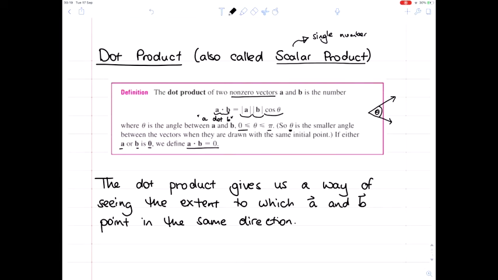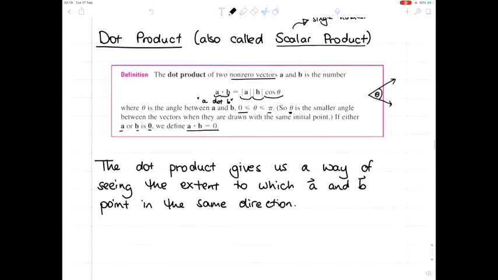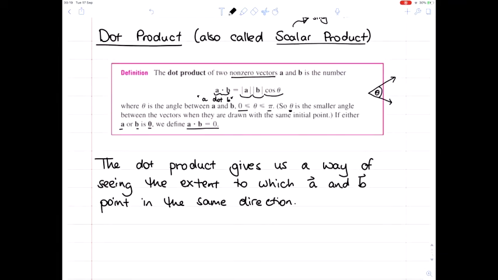So what is this dot product useful for? Well, it gives us a way of seeing how much A and B point in the same direction. So if, for example, we have an A and a B that are pointing quite a lot in the same direction, then we're going to expect that A dot B is quite big. And we'll see what that means in a moment.